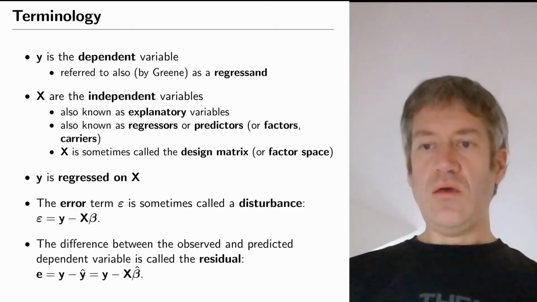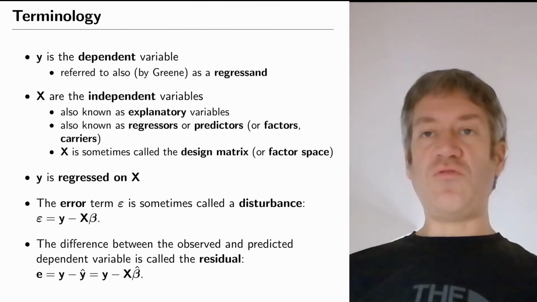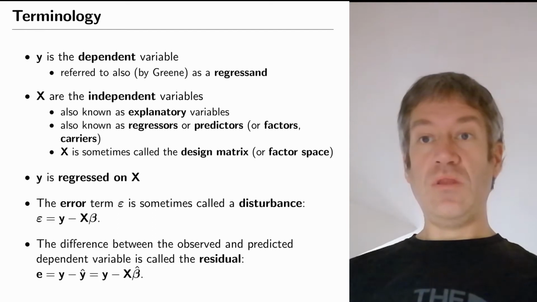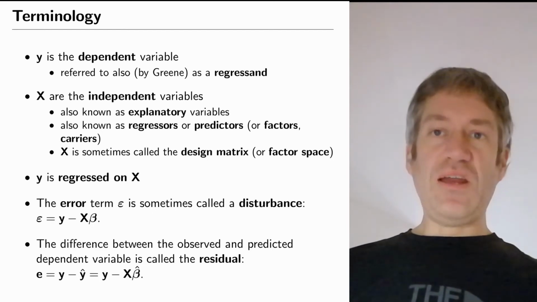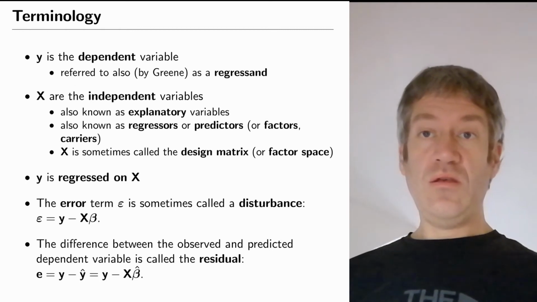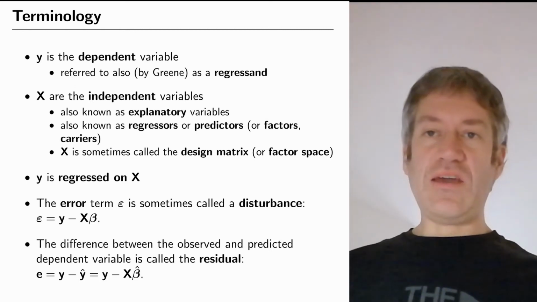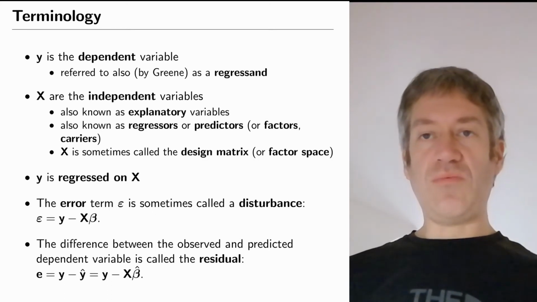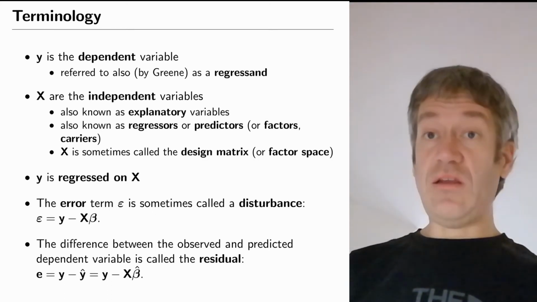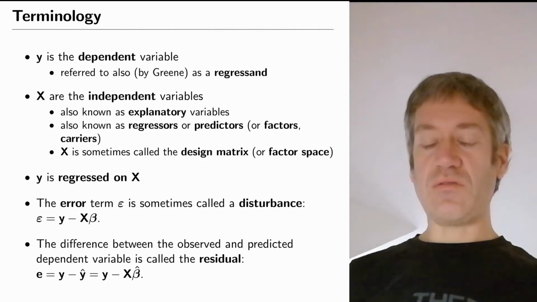So the error term or disturbance I will typically be referring to with the Greek letter epsilon. It is fairly common in statistics books to use Greek letters for population parameters. So these are the actual values out in the population, and then the Latin alphabet for estimated or model parameters.